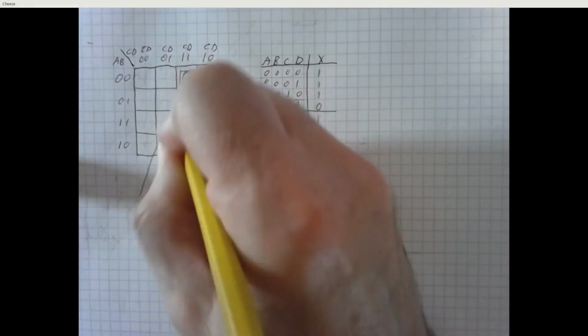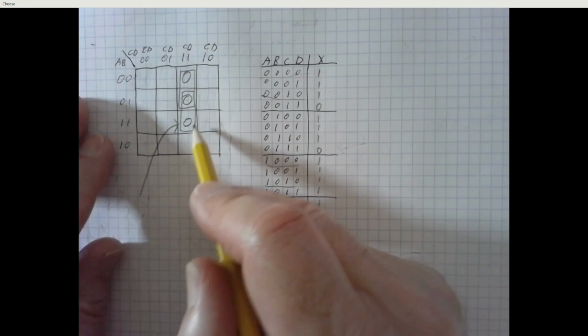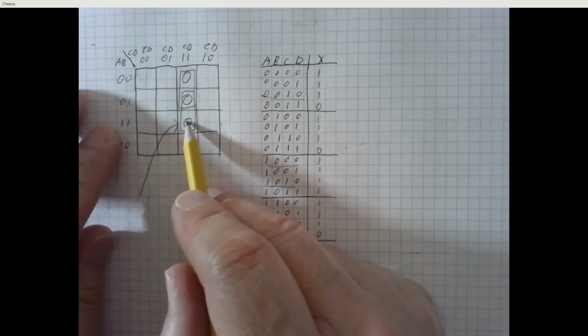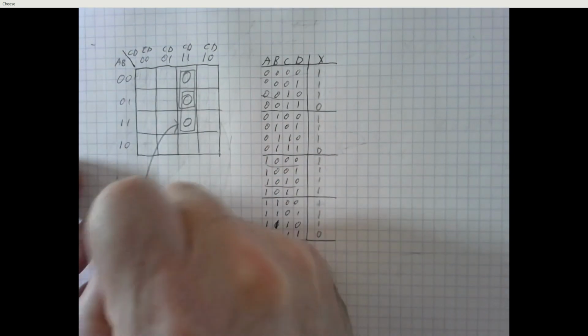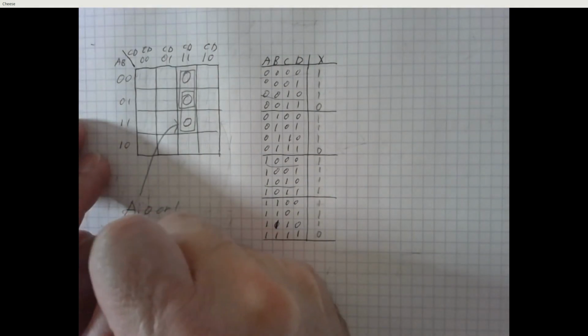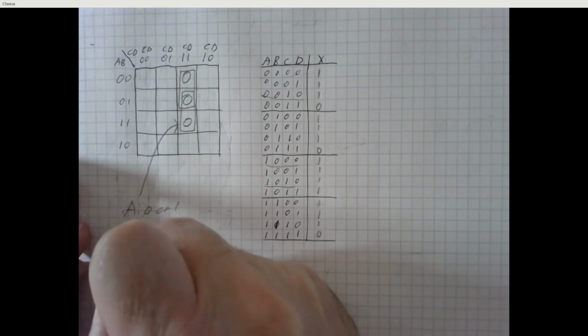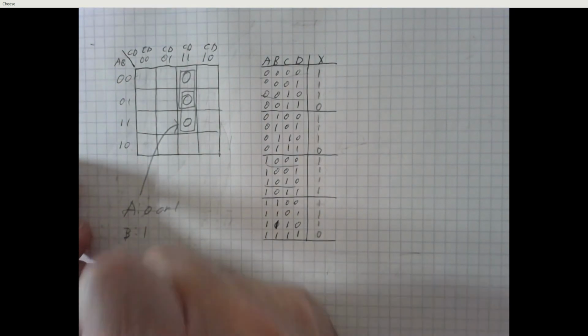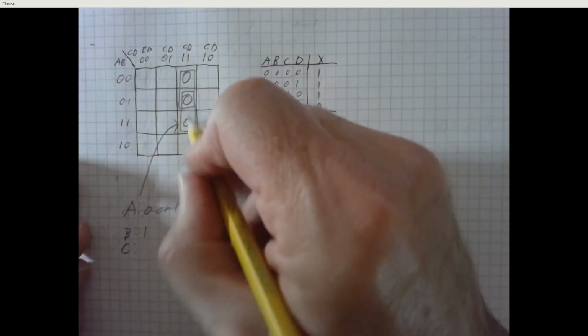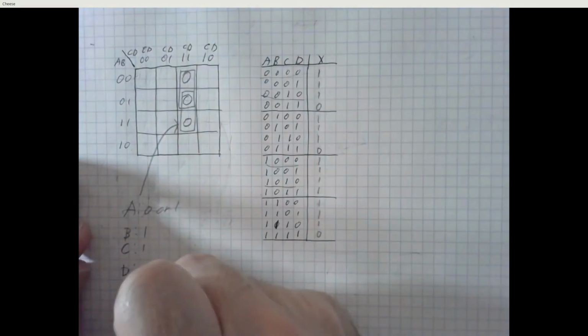So let's look at this bottom rectangle and let's find the values of A, B, C, and D. Exactly the same thing we were doing before. So this rectangle down here, look at A. This box A is 1, this box A is 0, so A can be 0 or 1. So we're going to ignore A. B, in this box it's a 1, this box it's a 1, B is always a 1. C, this box and this box is always a 1, and D, this box and this box is always a 1.